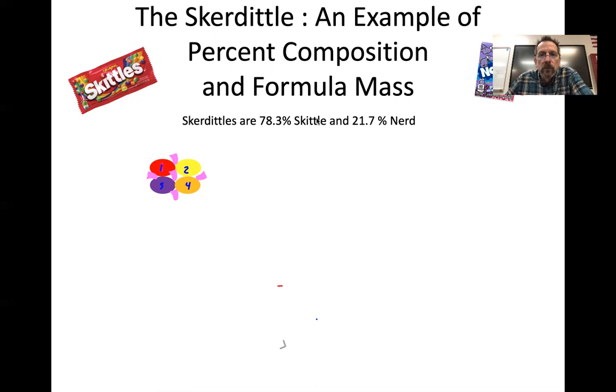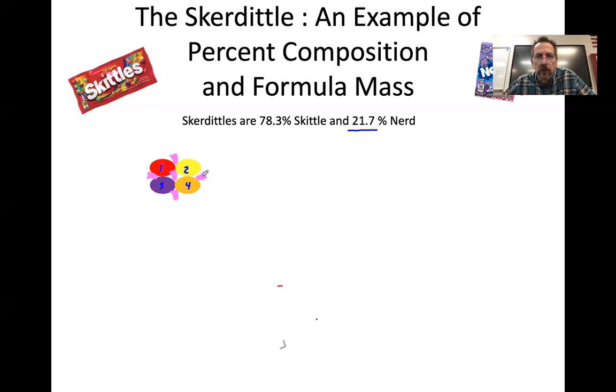What we do know is that if we were to factor in the percentage of candy item, that Skirdittle would be 78.3% Skittle and 21.7% nerd. Now that seems kind of odd. There's actually more nerds. There's 1, 2, 3, 4, 5 nerds in the Skirdittle, but it's only 21.7% nerd.